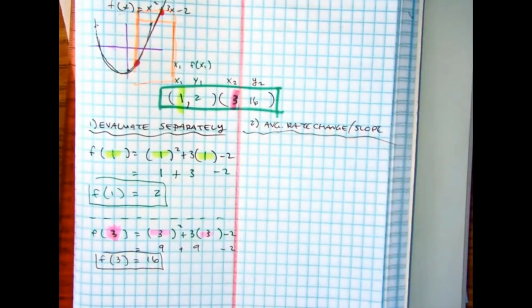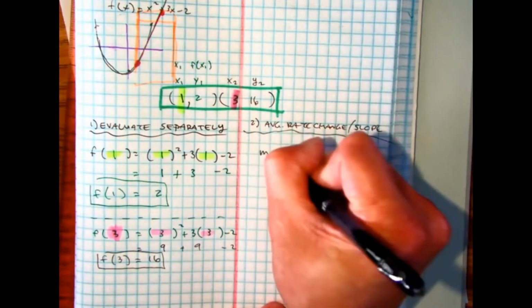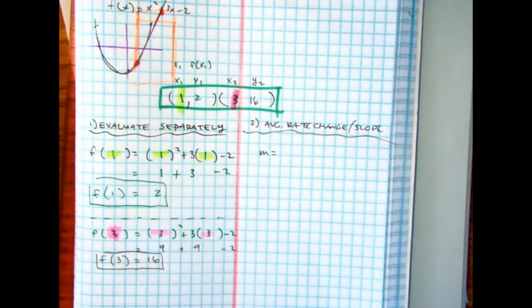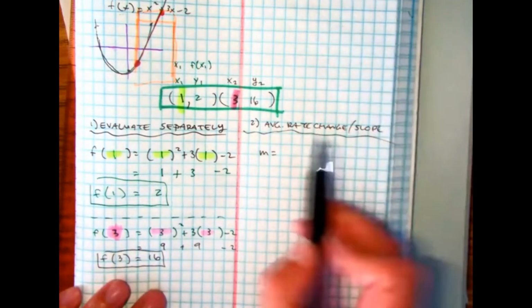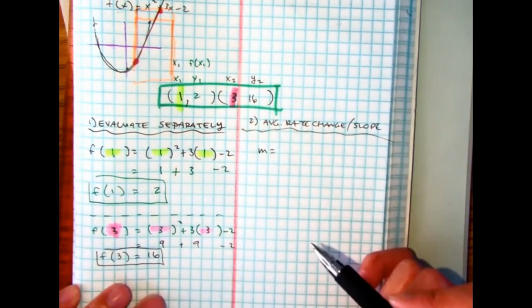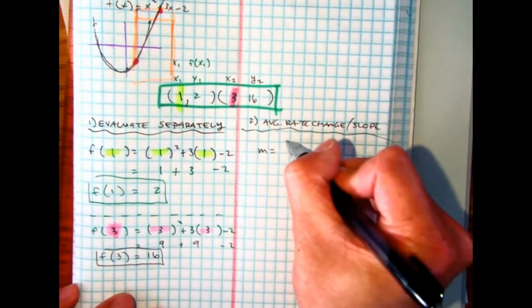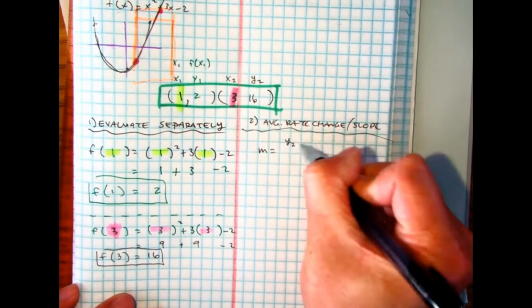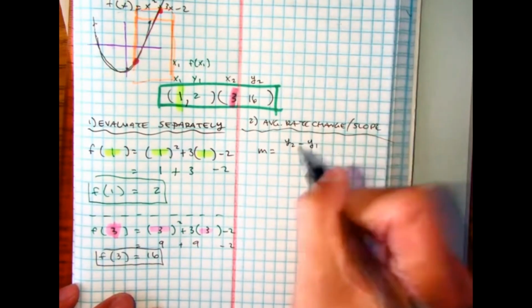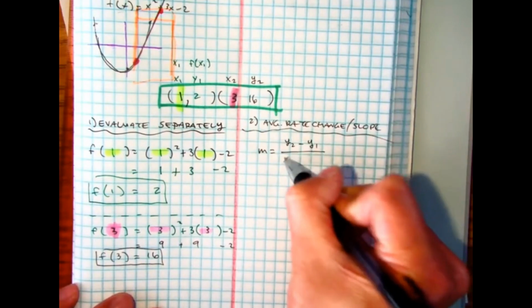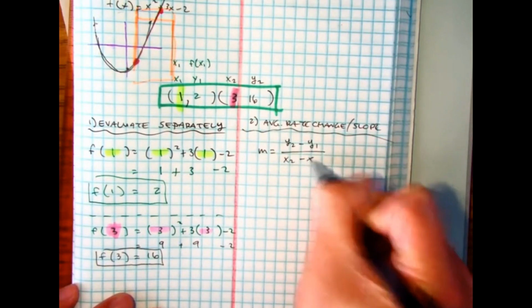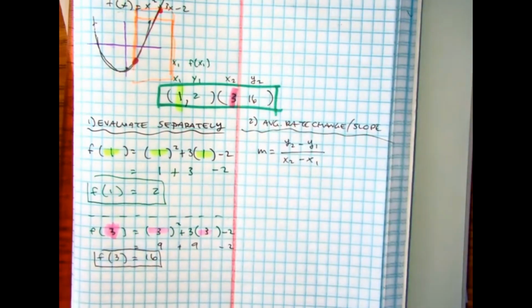Partner A, tell partner B, what's the formula for slope or average rate of change? Elvis, tell us a formula for slope or average rate of change. I'm going to highlight the minus sign.